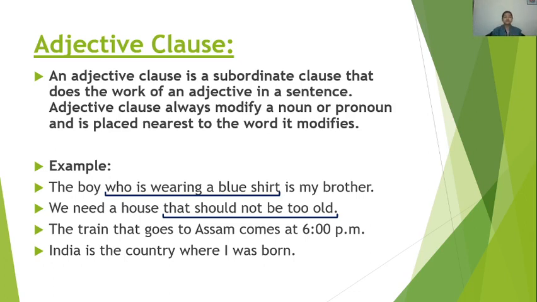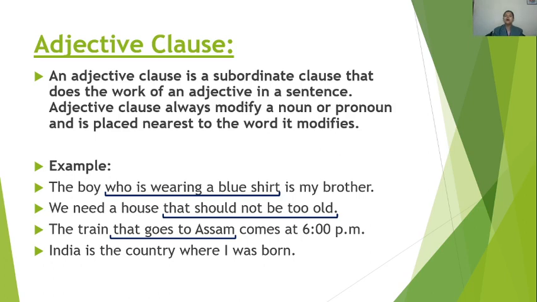And look at the third sentence. The train that goes to Assam comes at 6 p.m. Here, that goes to Assam. This is my adjective clause. How? Because it is modifying the word the train. This group of words is modifying the noun the train. Which train are we talking about?